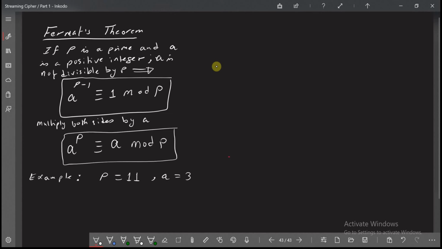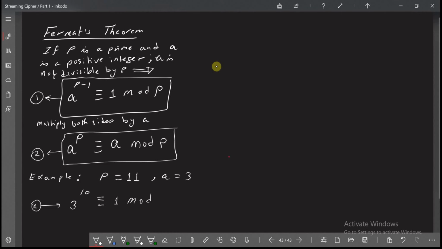So then, if we look at the relationship here, you can use 1 first. This is the original one, and this is 2. So we can state that for a is 3, if you want to use 1, it will be 3 to the power 11 minus 1, which is 10, is congruent to 1 mod 11.